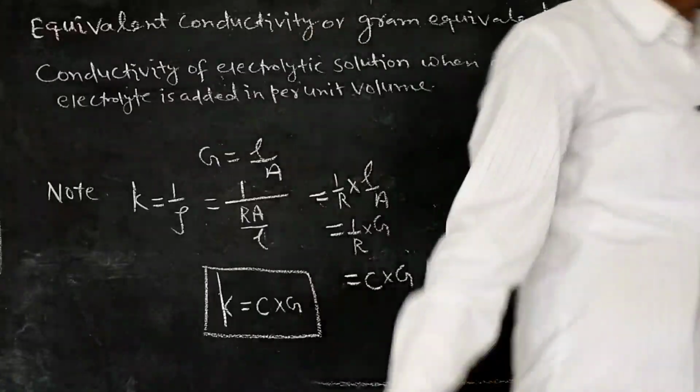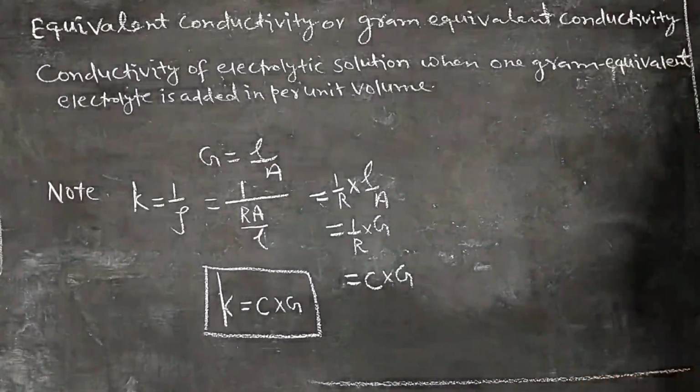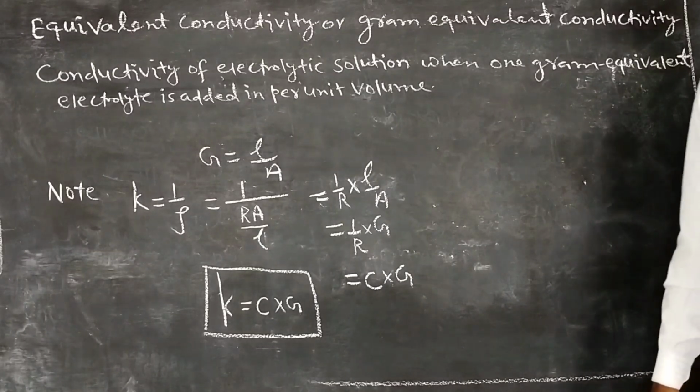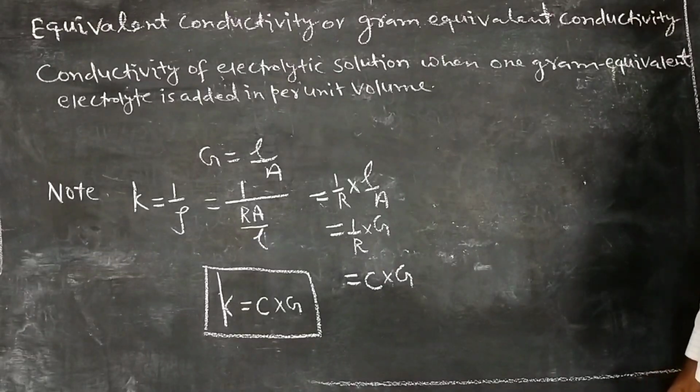As you know, the number which is either combined or replaced by 1.008 part hydrogen, or 8 part oxygen, or 35.5 part of fluorine in any reaction is regarded as equivalent weight.